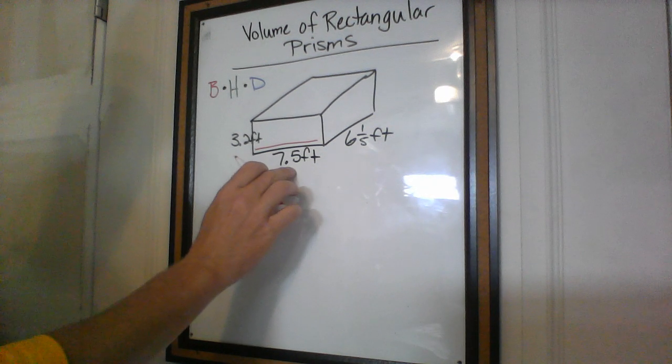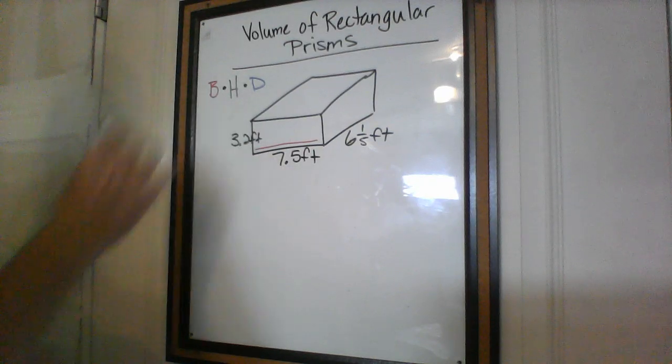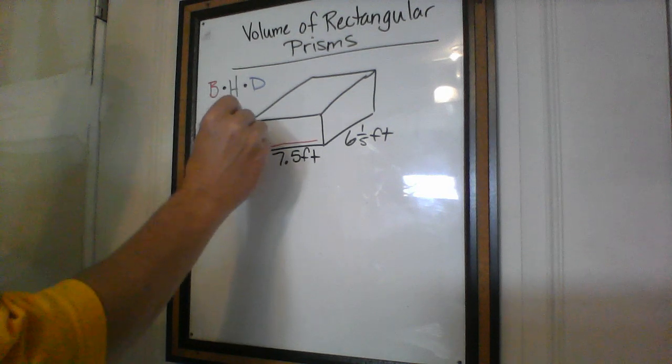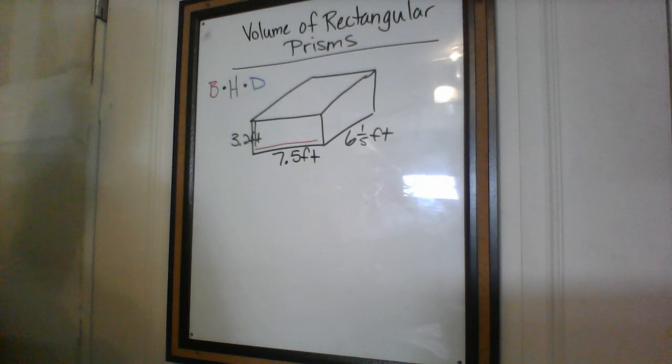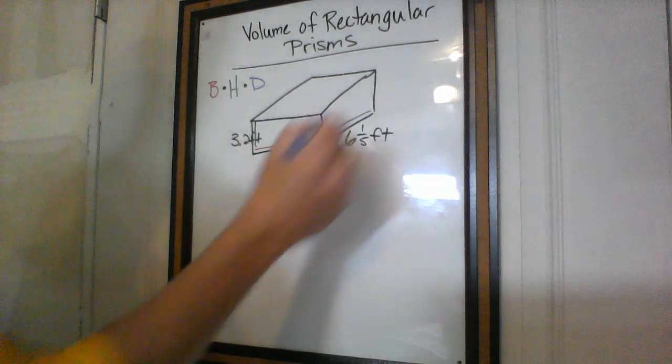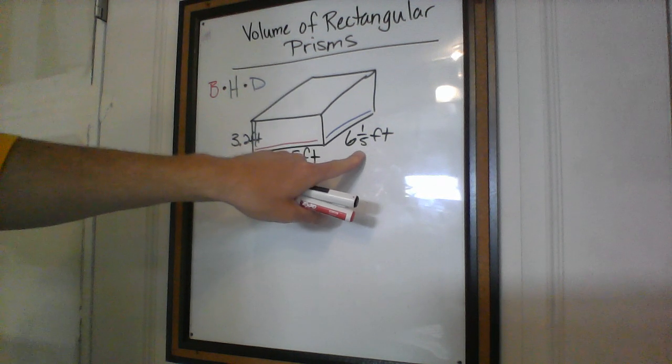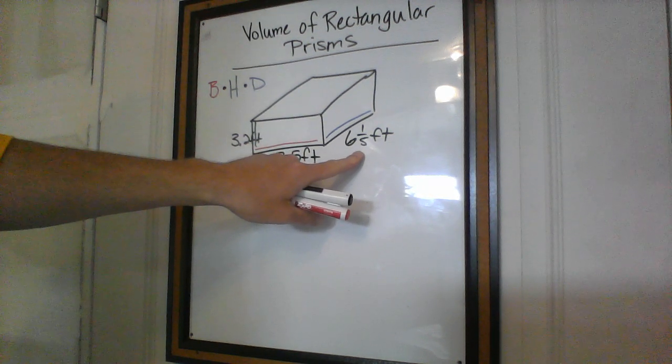But again, here's our base. Okay, let's start with our base, 7.5 feet. Our height is 3.2 feet. And then our depth is 6 1/5 feet. Okay. For this, I am changing my fraction to a decimal.